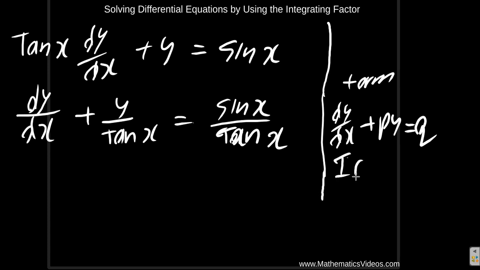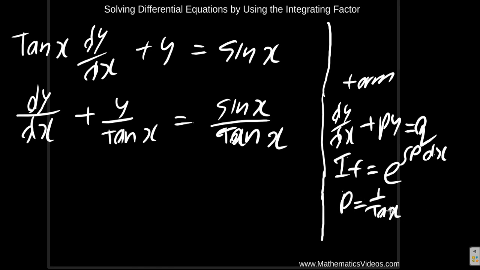The integrating factor in this case would be e to the integral of p dx. But what is p? We need to identify p. P is the coefficient of y, so p is 1 over tan x. Alright, so the integrating factor is e to the integral of 1 over tan x dx.